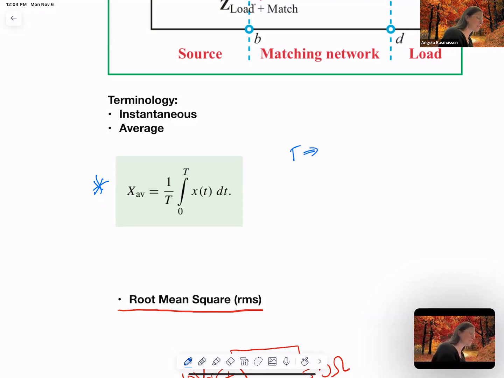The big T typically stands for period, which is correct here. So you do need to have a periodic signal where it repeats itself. Over one period, one repetition time, you're going to integrate the signal with respect to t.